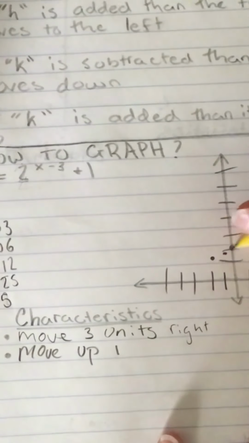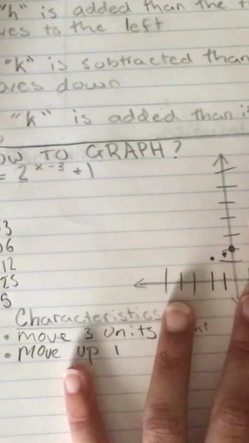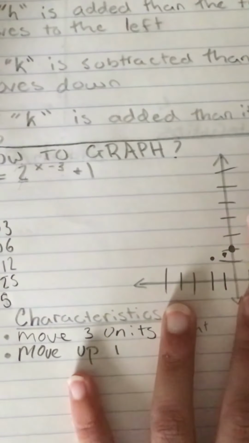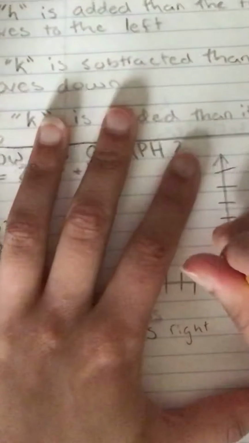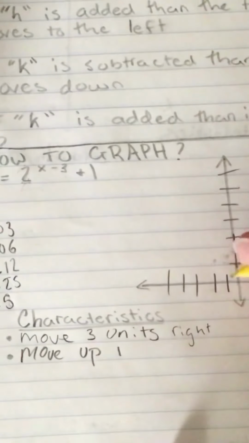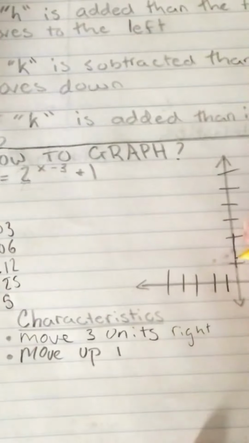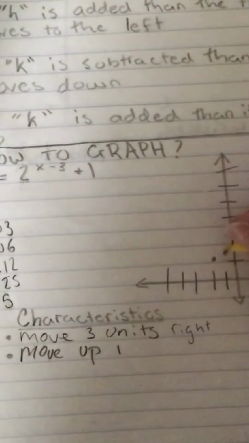And then 0, 1 right here. And we'll go to 1, 1.25. Oh, sorry, my bad. Like I said, it's going to go down here. So it's -2. Actually, no, it's right here. And then it's right here.